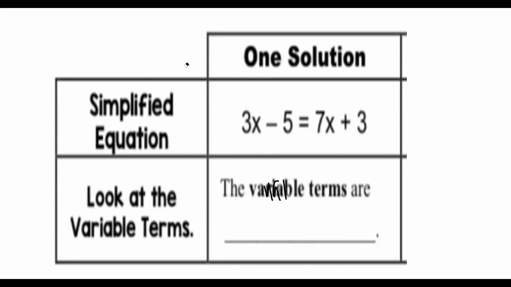So, for one solution, the variable terms are different. That's one indicator that it's one solution. The variable terms are different. So we can solve this and see.